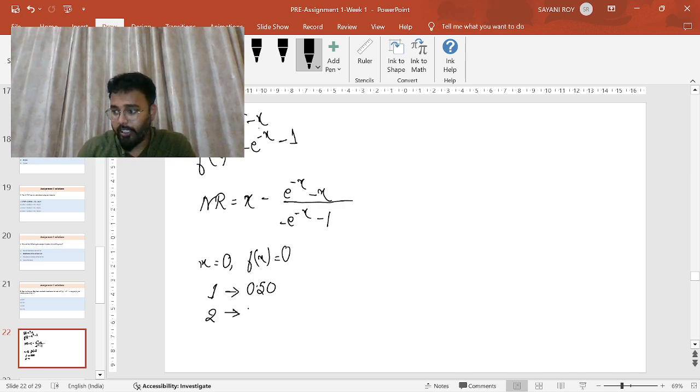For the second iteration, it will be 0.5663. For the third iteration, it will be 0.567, and for the fourth, 0.567.